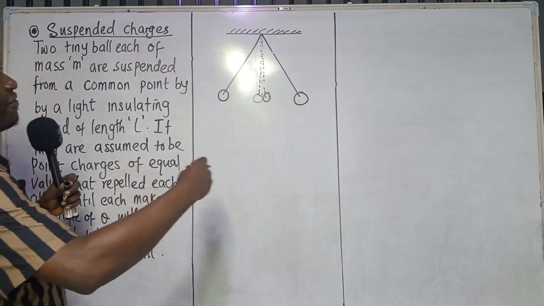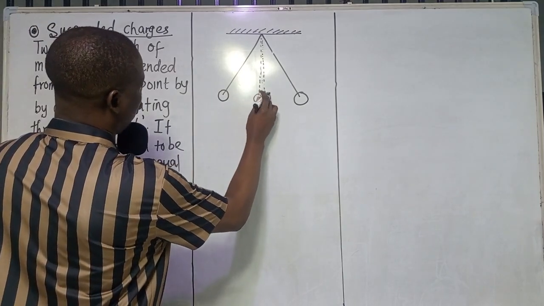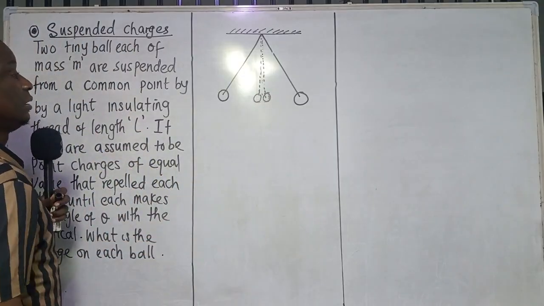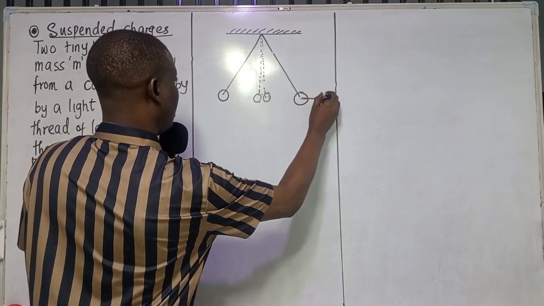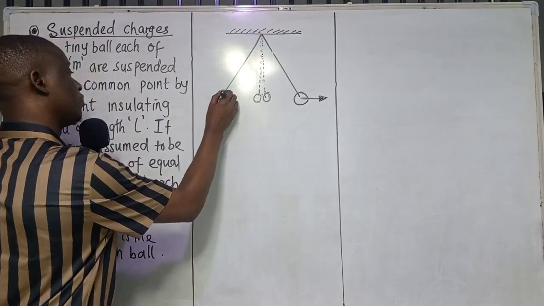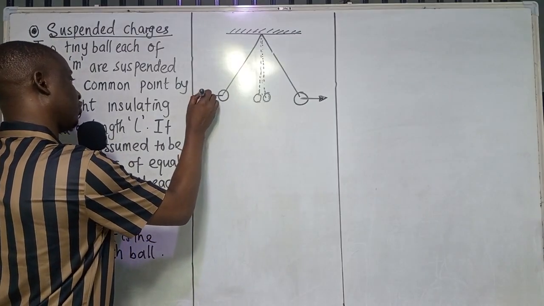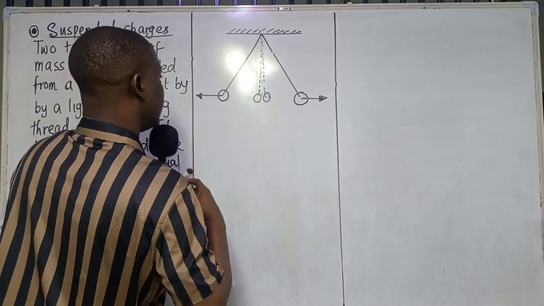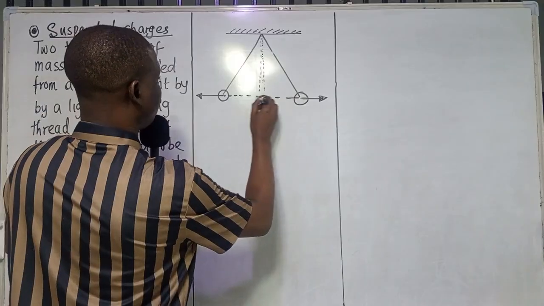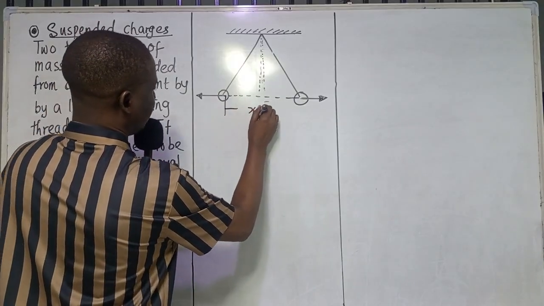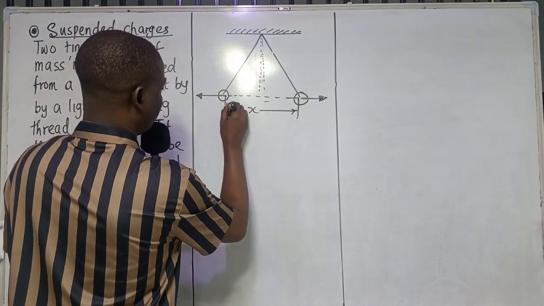Once they repel, the two charges will move apart, one this way and the other that way, each experiencing a repulsive force. This produces a distance between the two charges. Let's call it X.